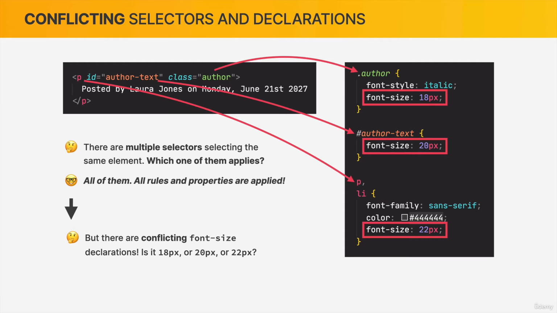So in the first one, it says the font size should be 18, then 20 pixels, and then 22 pixels. So which of those is it going to be? Will it be 18, 20, or 22 pixels? Well, let's learn what rules CSS applies in order to resolve conflicting declarations like this one.